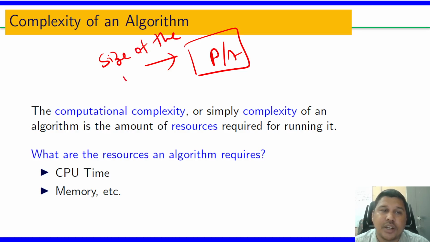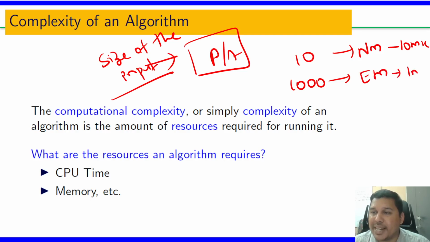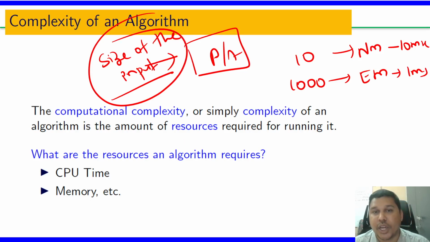Size of the input is not the game changer. I already told you: if I give 10 inputs in a normal machine, it may take 10 milliseconds. If I give 1000 input size in an extraordinary machine, it may take 1 millisecond. So the input size is not the parameter here.